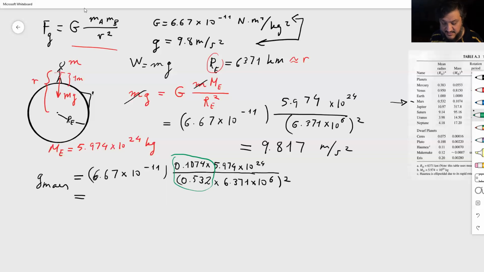So approximately a third of Earth's g. So this times 9.817, it's 3.73 meters per second squared. Okay. So if you ever go to Mars, you'll feel lighter. All right, almost 3 times lighter.